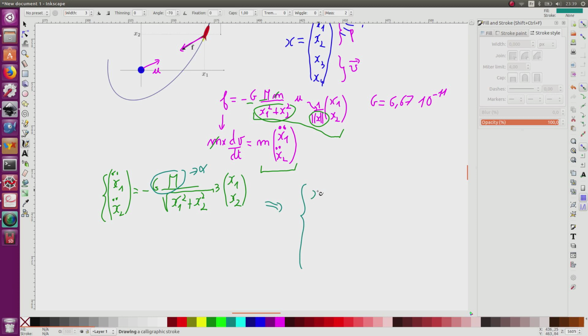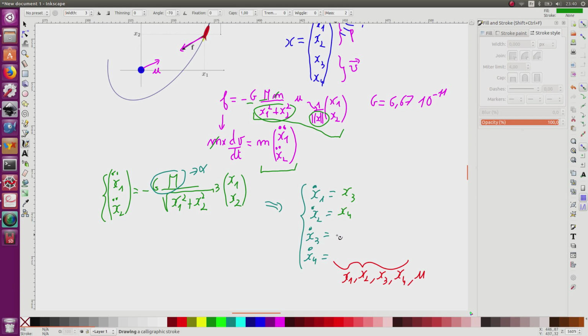To get the state equation, I write the derivatives x dot 1, x dot 2, x dot 3, x dot 4, and I am only allowed to write an expression with respect to the state variables x1, x2, x3, x4, and u. So x dot 1, x dot 2 corresponds to the speed, so it is x3, x4.